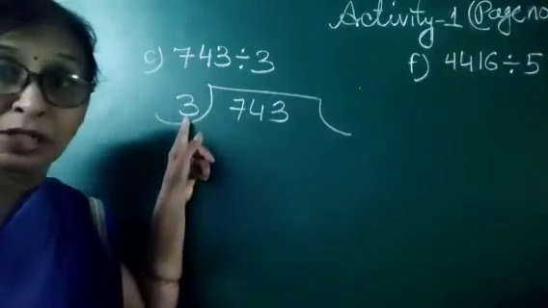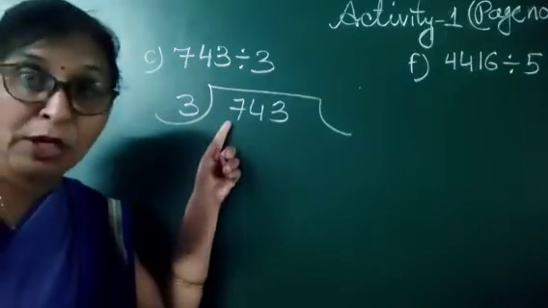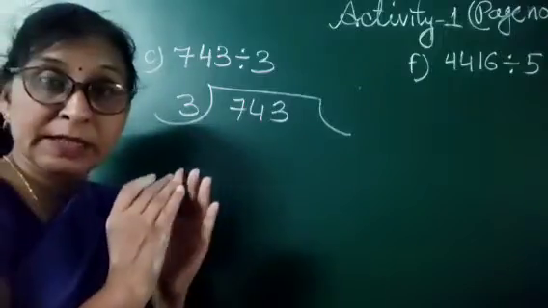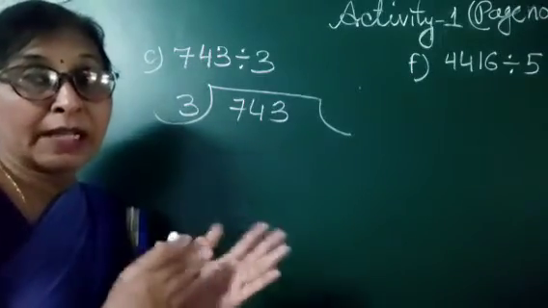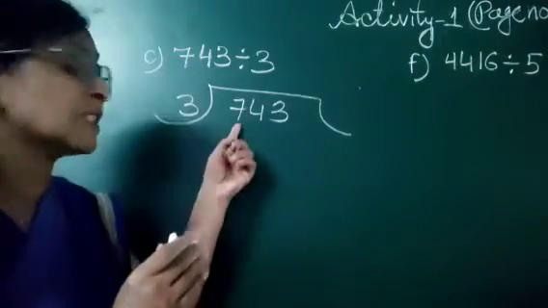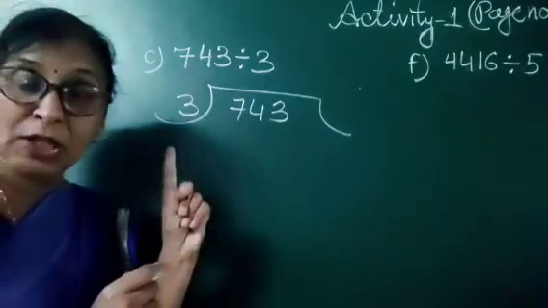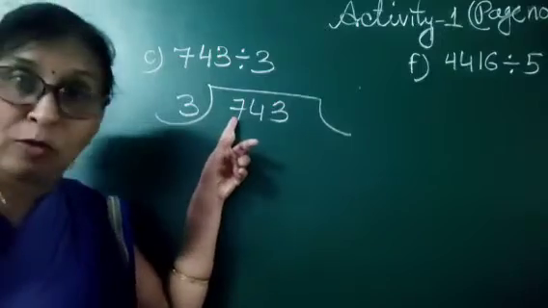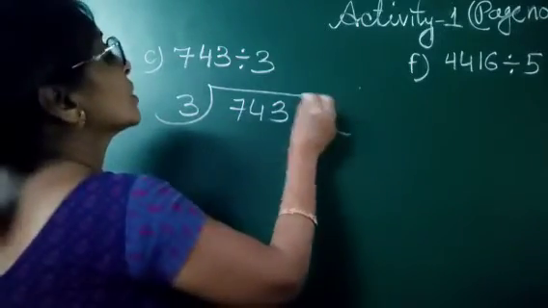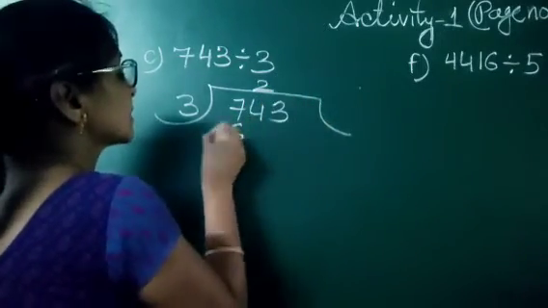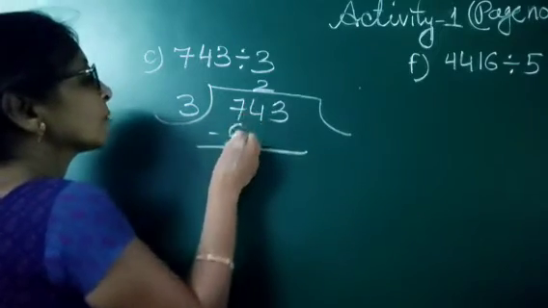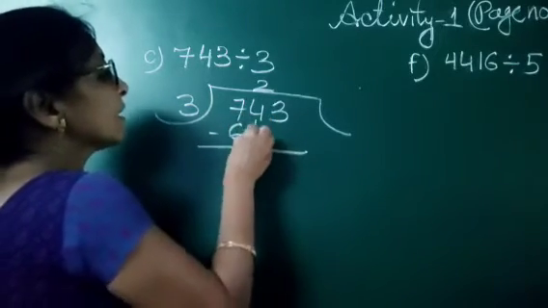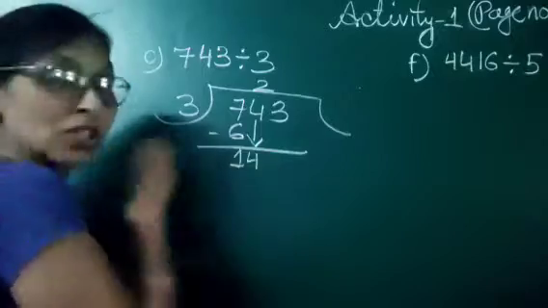We know that in the table of 3, 7 does not come, so we tell the table of 3 and choose the nearest to this number. 3 1s are 3, 3 2s are 6, 3 3s are 9. That is more than that, so we take 3 2s are 6. Now subtract, 7 minus 6 is 1. Then we write this digit here.